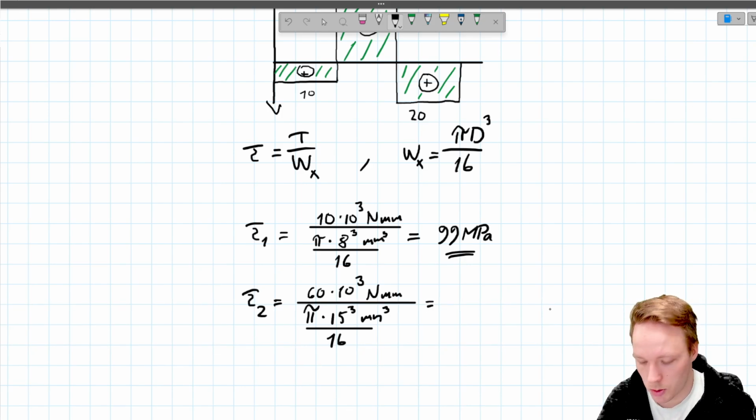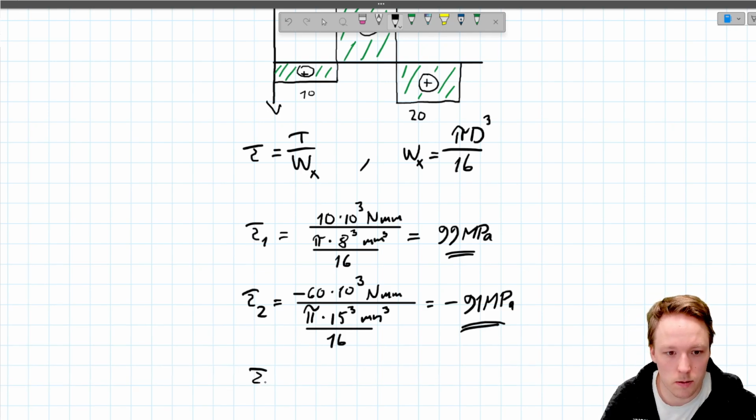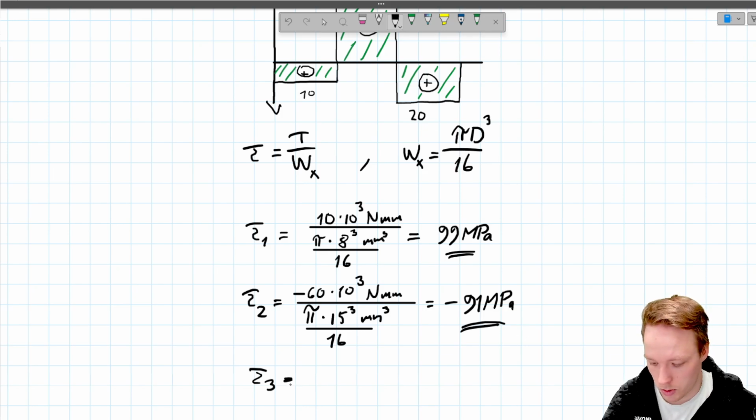This will equal to minus, oh yeah, and this one is minus 91 megapascals.